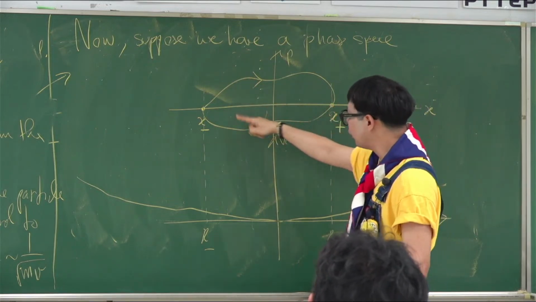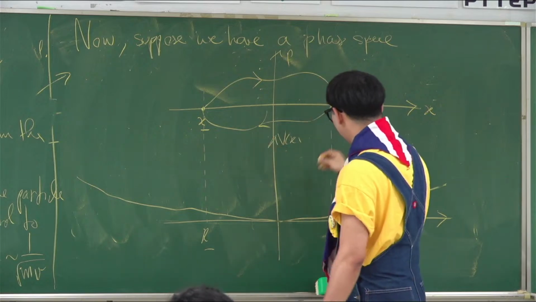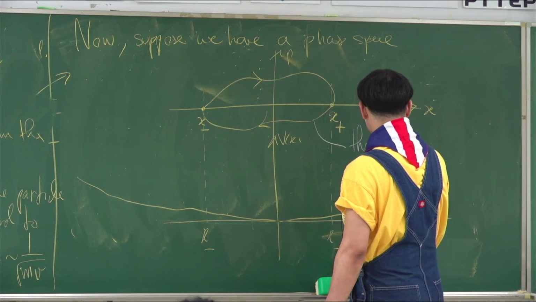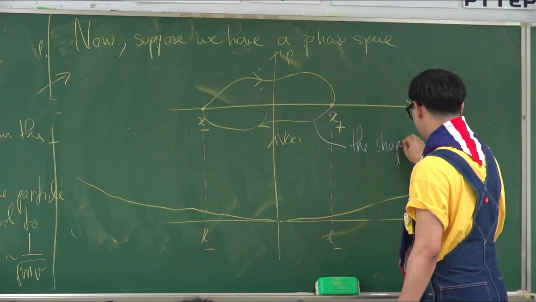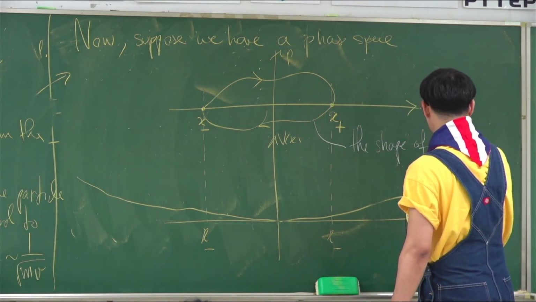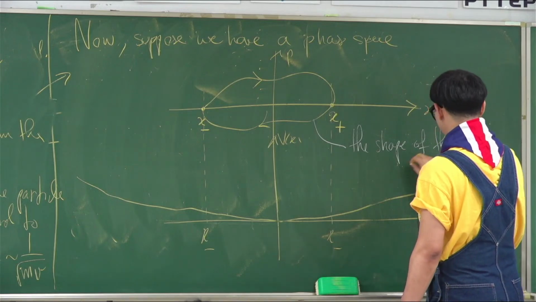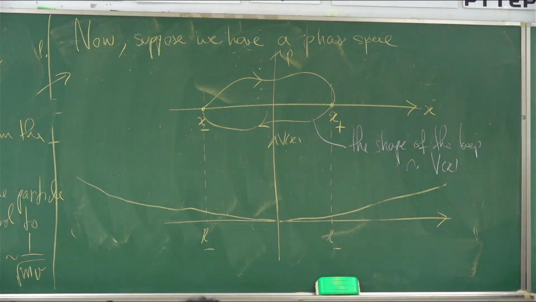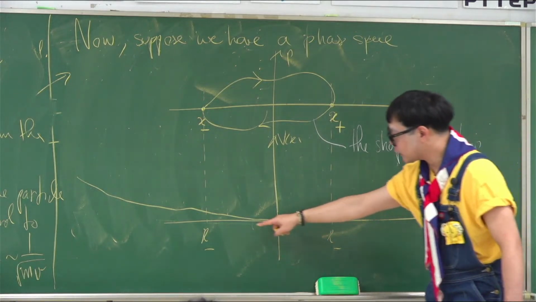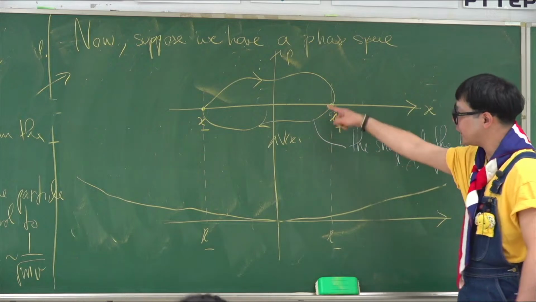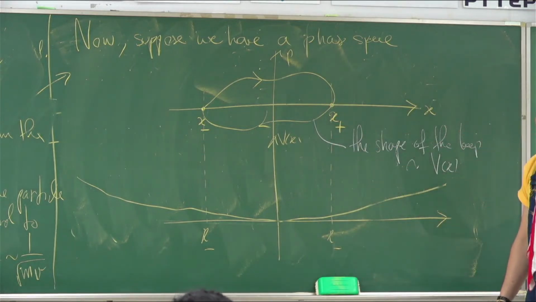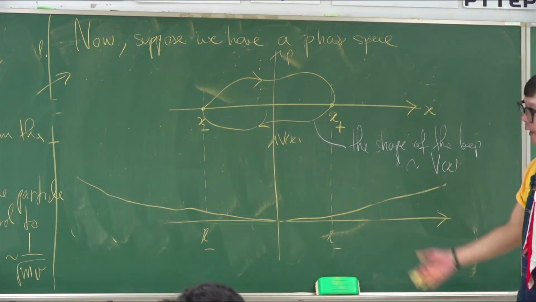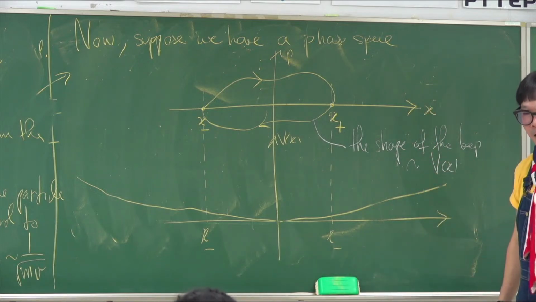The shape of the loop depends on the V, right? It depends on what kind of V you have here. Like in the case of simple harmonics, you get a parabola, then you get the ellipse out of that, right?